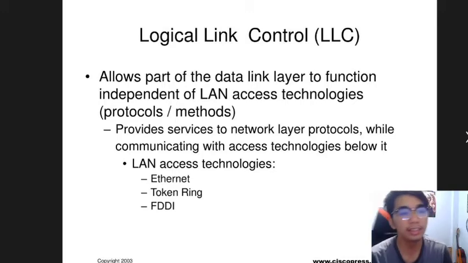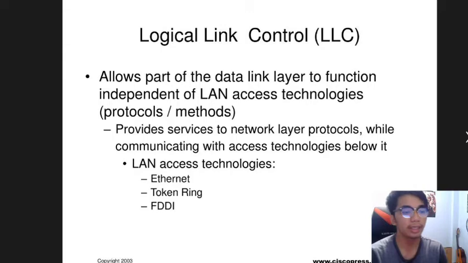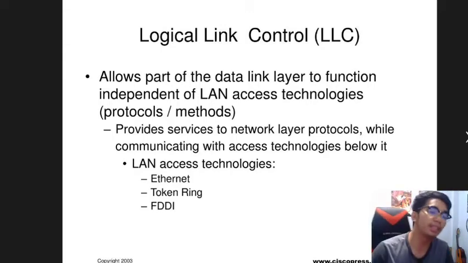The LLC, or logical link control, allows part of the data link layer to function independent of LAN access technologies, protocols, and methods. It provides service to the network layer protocol while communicating with the access technologies below it. LAN access technologies include Ethernet, Token Ring, and FDDI.